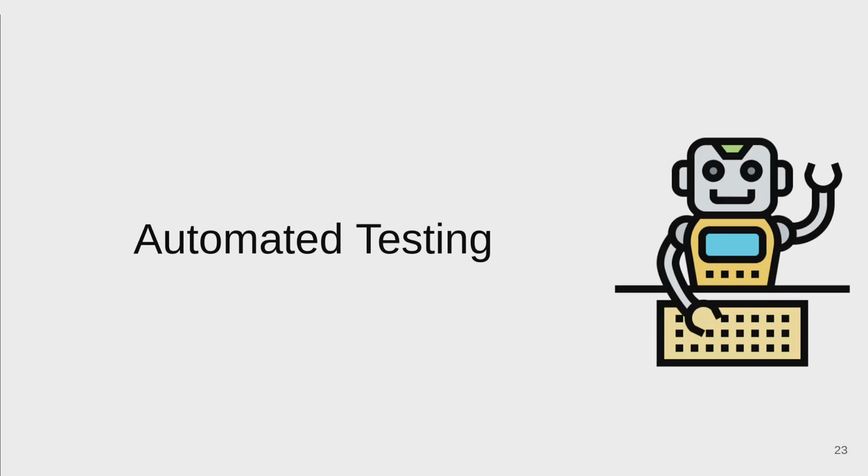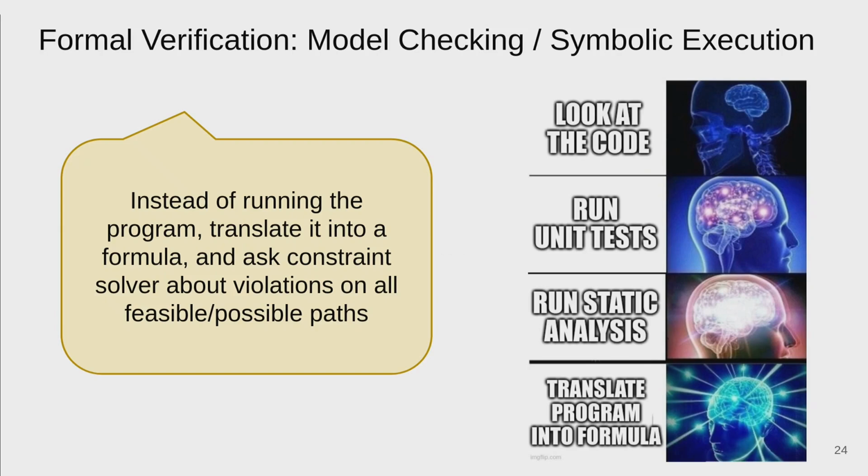Cool. Let's move to automated testing. Let's put these cycles to good use. As an experiment, or as a new research area in the late 90s, early 2000s, a lot of researchers proposed model checking and symbolic execution, which was considered like the ultimate way of making sure that your code is actually correct.